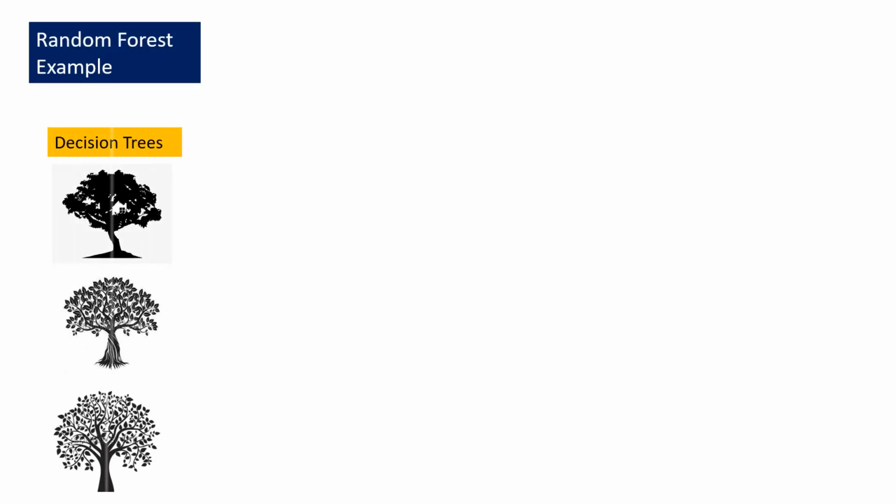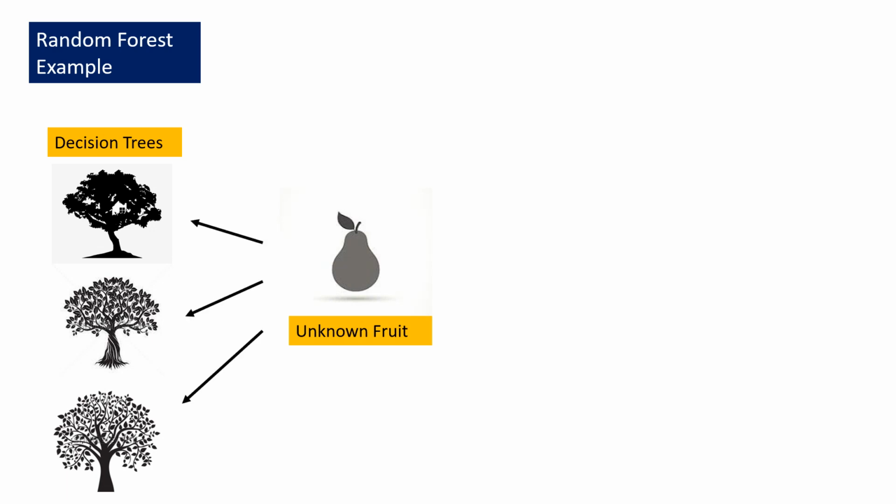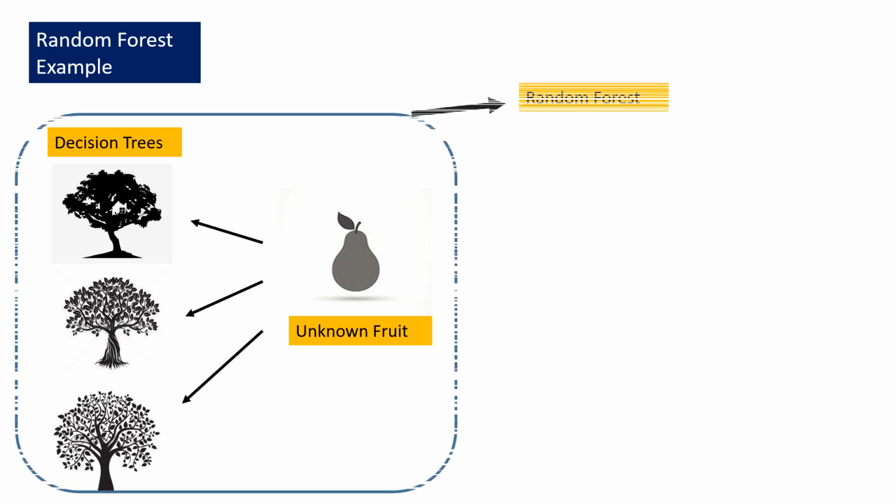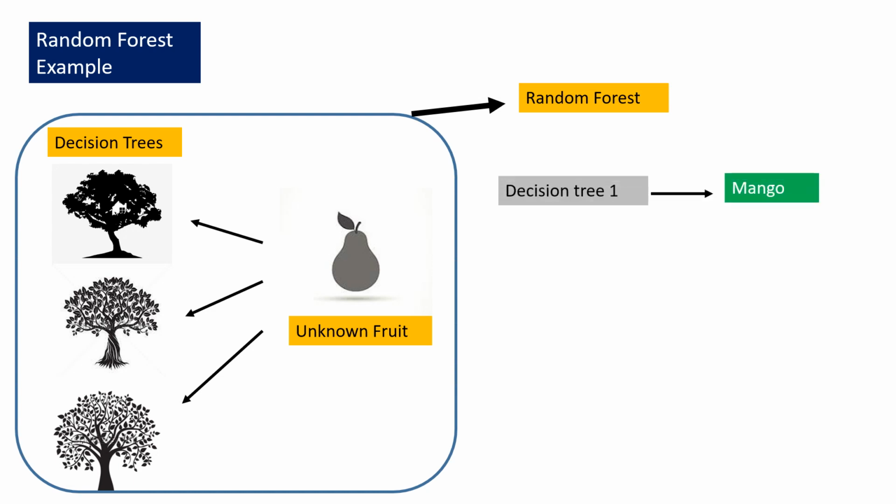Now, let's take an example to understand from a real life situation. Consider we have a fruit and we have decision trees. We give the fruit to each decision tree and get to know which kind of fruit it is. In other words, we take a prediction from each decision tree. Random forest contains all the decision trees, so it sees that the first tree predicts a mango.